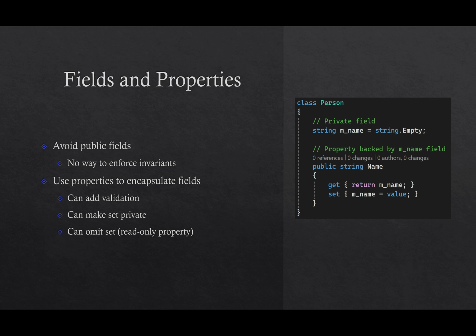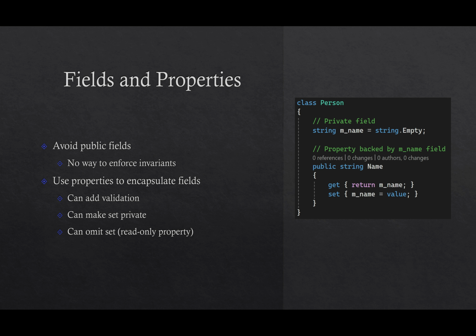For that reason, you can encapsulate a field using a property. So in the example on the right-hand side here, we have a private field called m_name, and then we've encapsulated that using a public property called Name. In the syntax used here, the property is declared to be public, we have the type and the name of the property, and then inside the curly braces we have the get and set methods. These are special methods. They don't have any parameters.